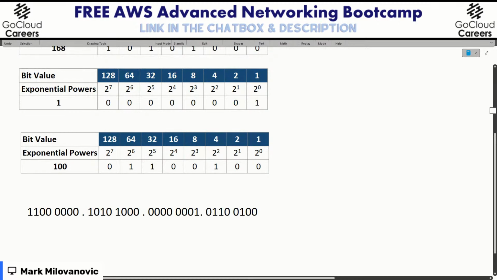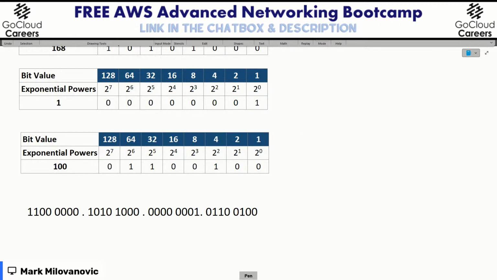Actually, I'll just write it down here. If you remember, we said 0 equals off, and we said 1 equals on. And we also said ignore, and then we said pay attention, right? We'll just do it like this, pay attention.